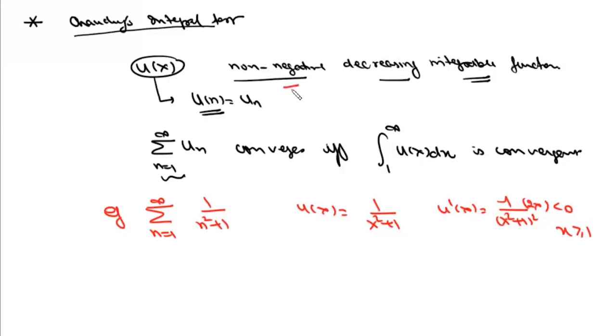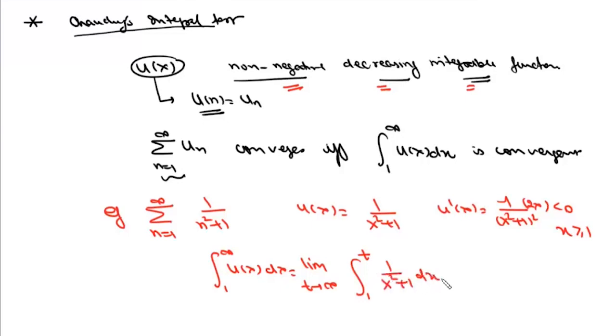It is a non-negative, decreasing and integrable function. So what we'll do is we'll find this integral from 1 to infinity of u(x) dx, and the way to write it is this limit t tends to infinity, this integral from 1 to t, and u(x) is 1 upon x square plus 1 into dx.